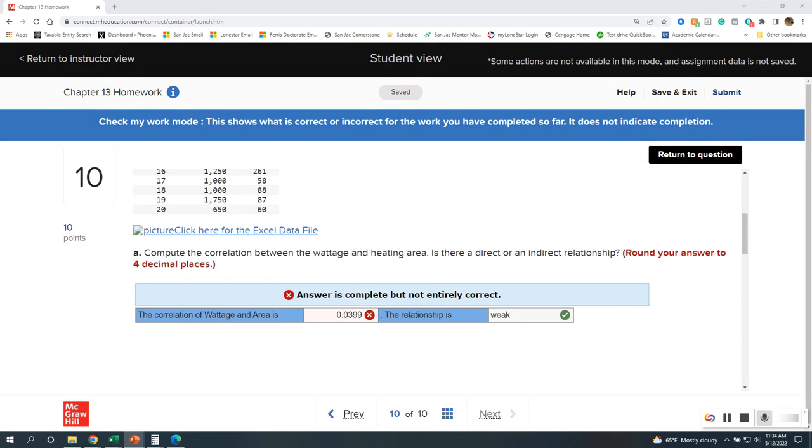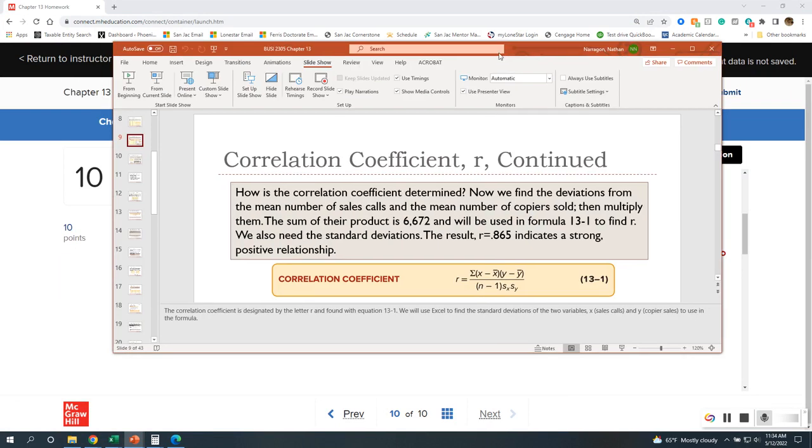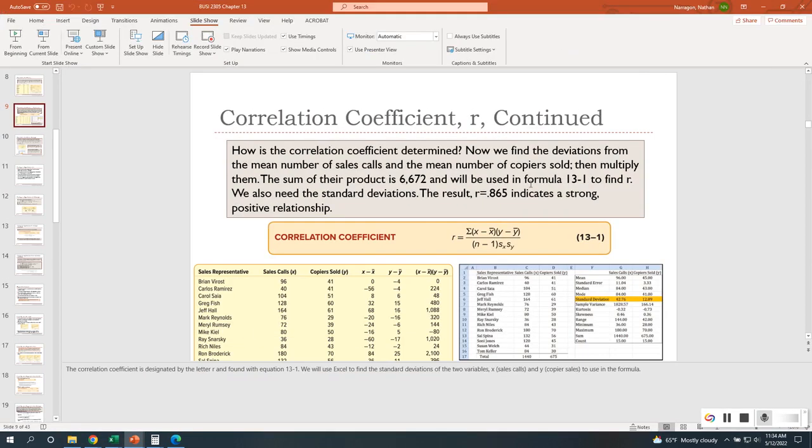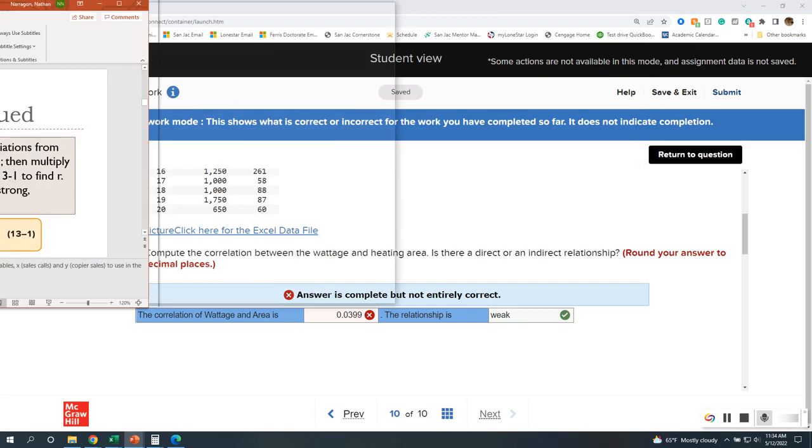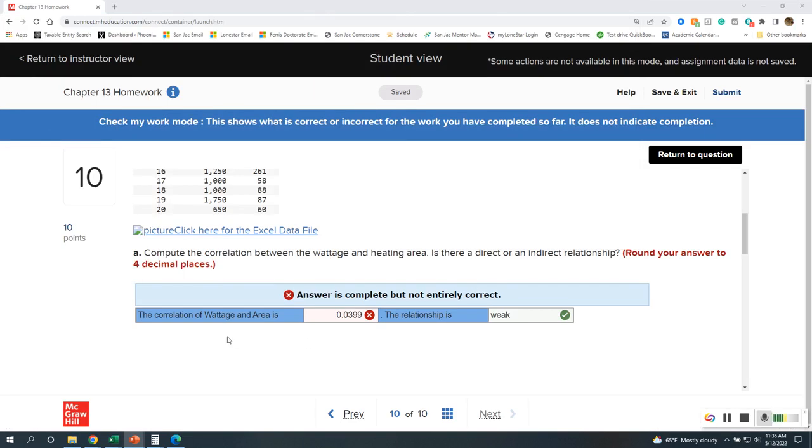It seems like, again, they're not taking my regression. Alright. So we can actually go through all this, correlation coefficient, all this fun stuff. And let's see if there's an error going on.